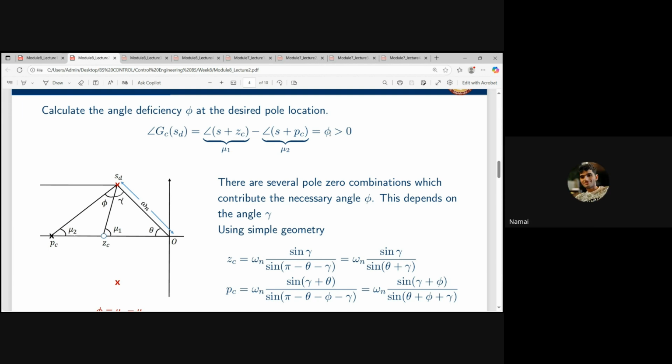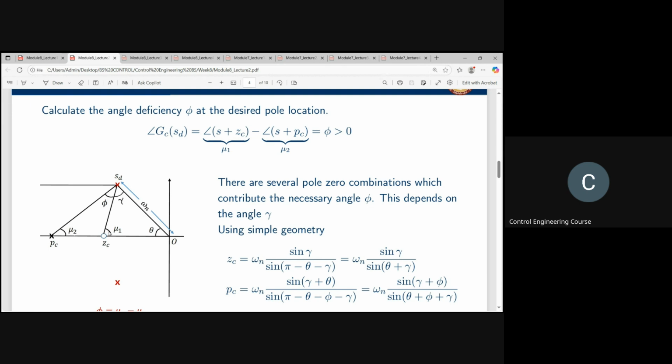So substitute x is equal to SD plus ZC. This mu1 will be this, mu2 will be this. Subtract this, you will get this. Why?